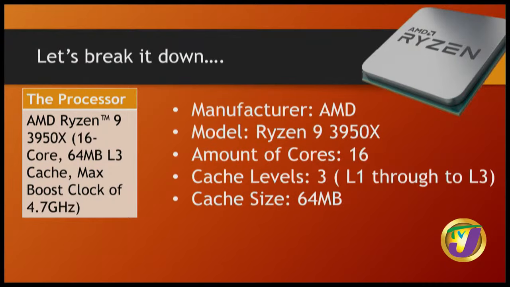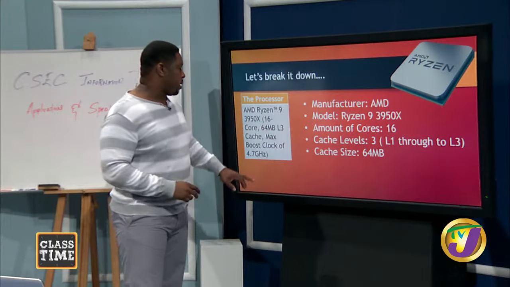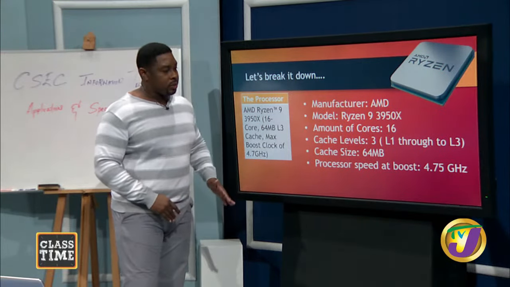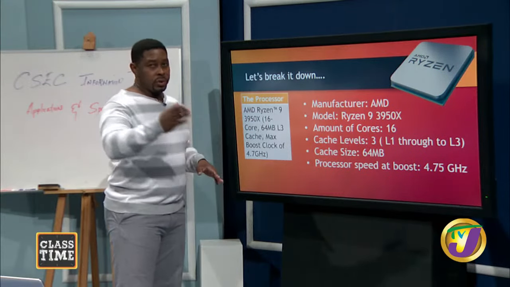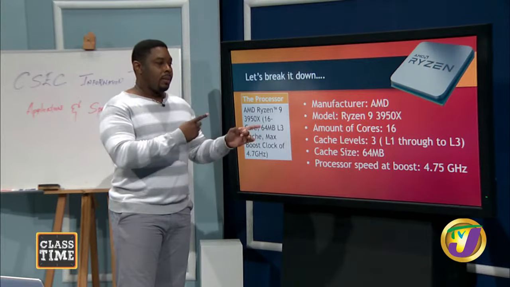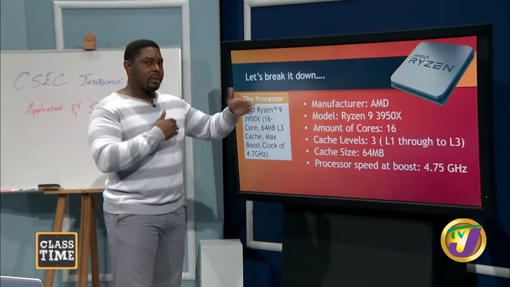And then the cache size of 64 megabytes means that it can store 64 megabytes at any one time. All right? And the processor boost, this is where now we talk about the processor speed. That boost simply means that if you boost the processor, it can go to 4.75 gigahertz. And a gigahertz is basically a measure per second.